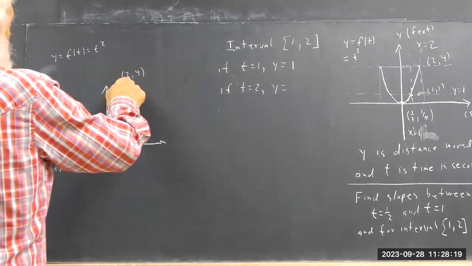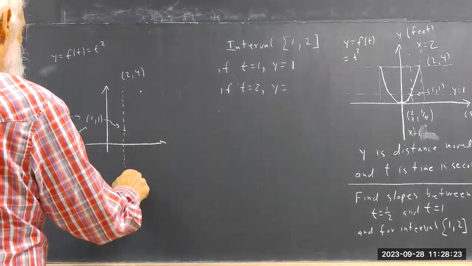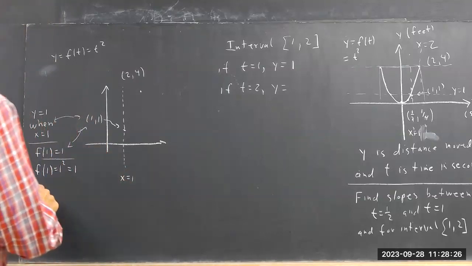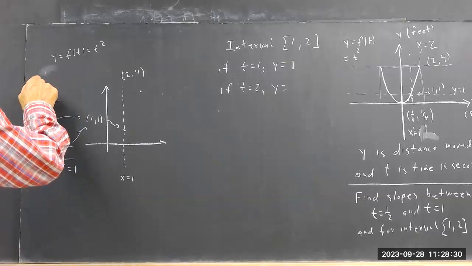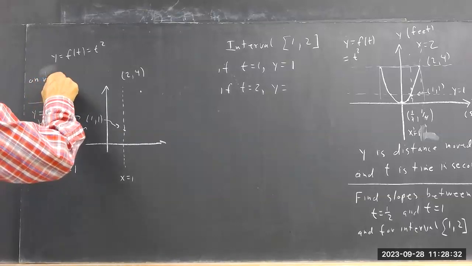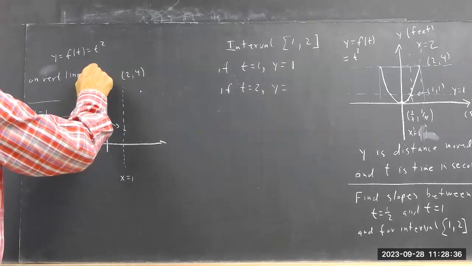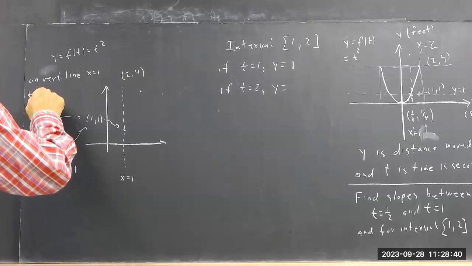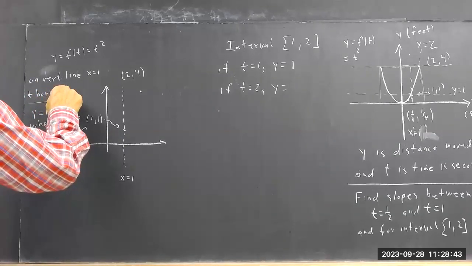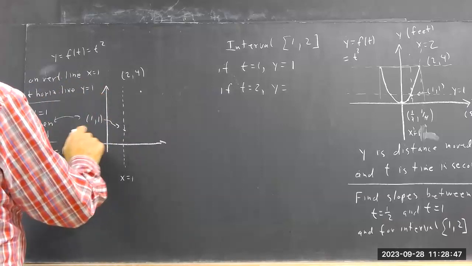Also, that this point lies on the vertical line, x equals 1, and the horizontal line, y equals 1.